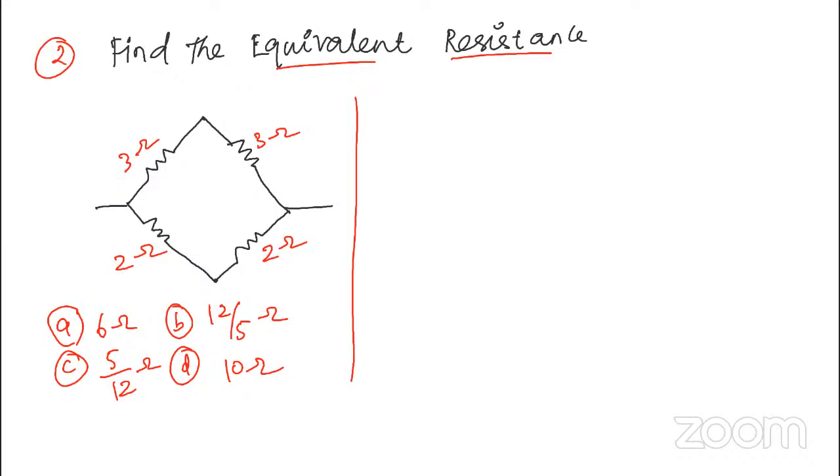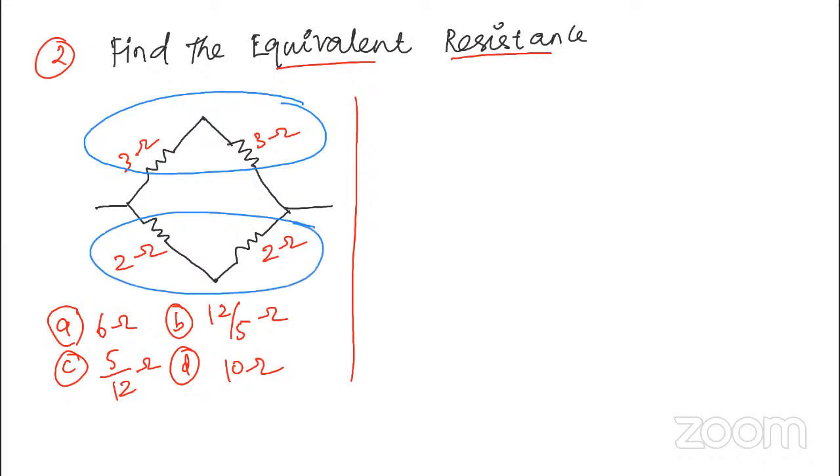So first step, what we have to do: here we can split it into two parts, this is one part and this is one part. For the upper part we take it as a series combination, so we have to draw the diagram, and for the second one we have this diagram.